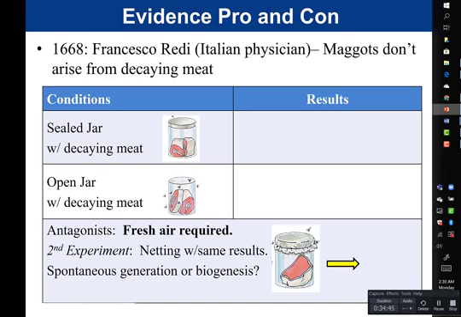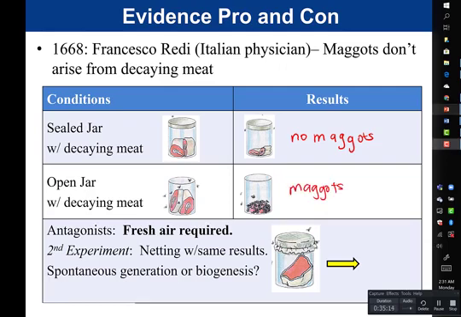The answer was, when the jar was sealed, the meat was starting to break down, but there were no maggots. He repeated the experiment. He now did an open jar, so the lid is off with the decaying meat. And what he saw was that there ended up being maggots on the meat.